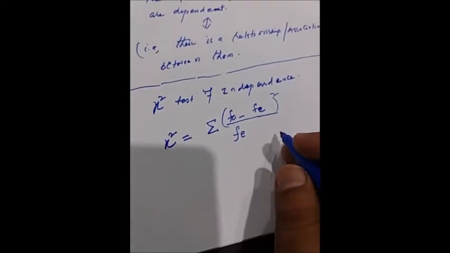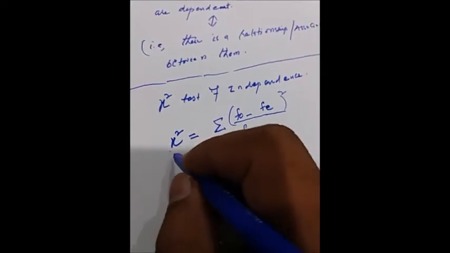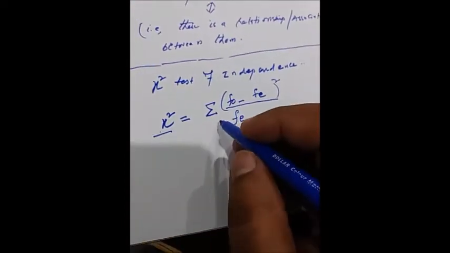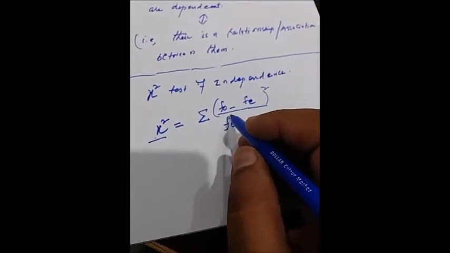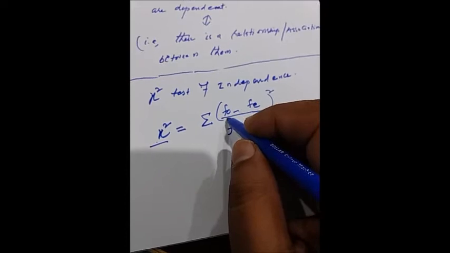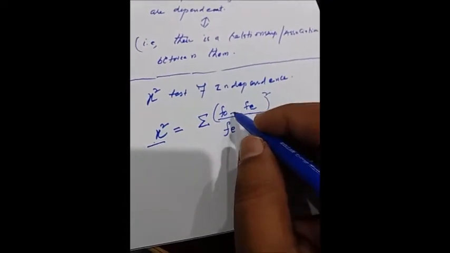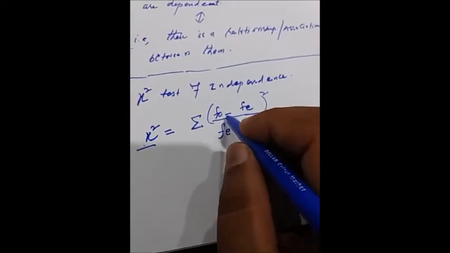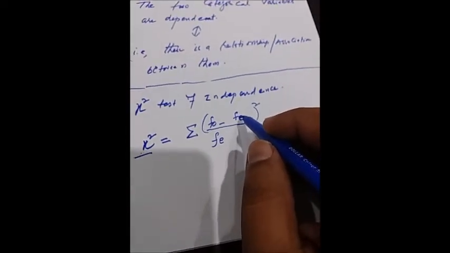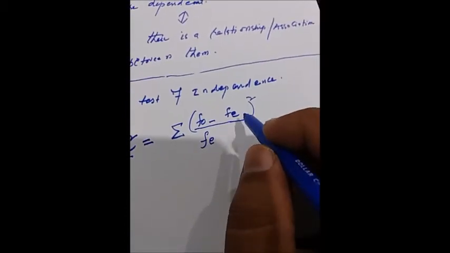Here, this is the symbol of chi-square, and chi-square is equal to the summation of (FO minus FE) whole square divided by FE. FO is the observed frequency in a particular cell of the row cross column table, whereas FE is the expected frequency in a particular cell if H naught is true.